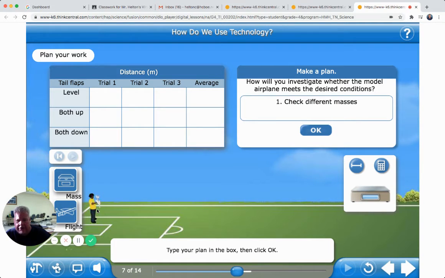So how heavy or how light the airplane is going to affect it. Secondly, we're going to need to put the tail flaps up. We'll try with the flaps up and down.